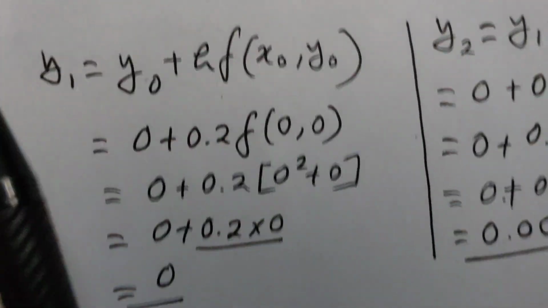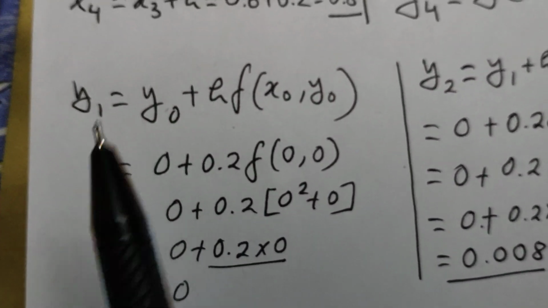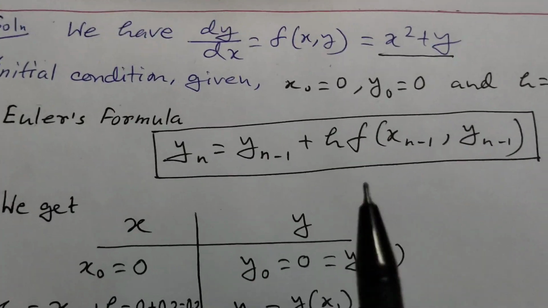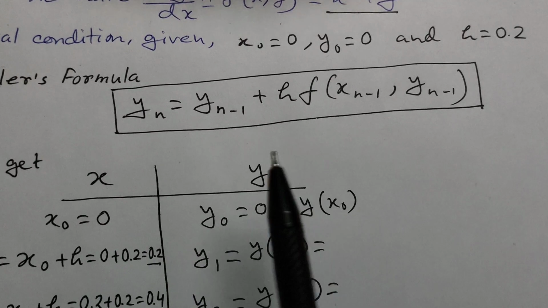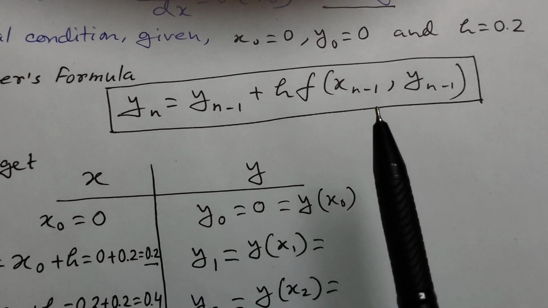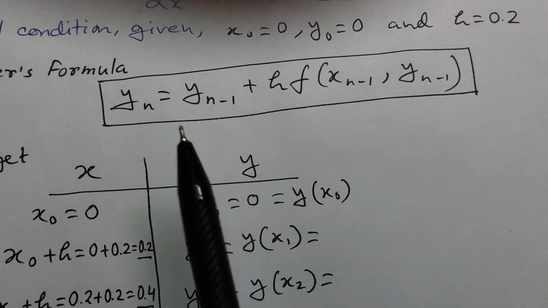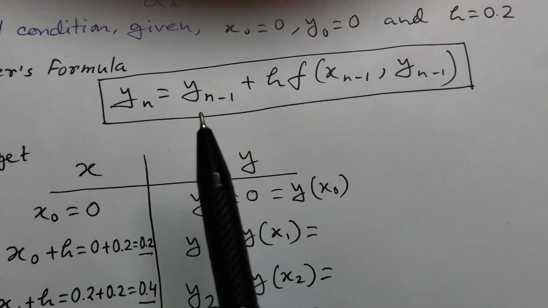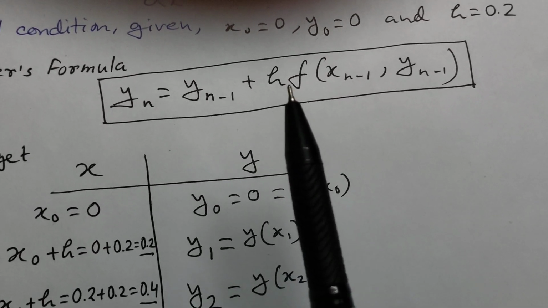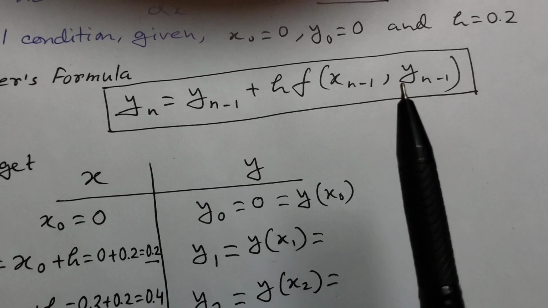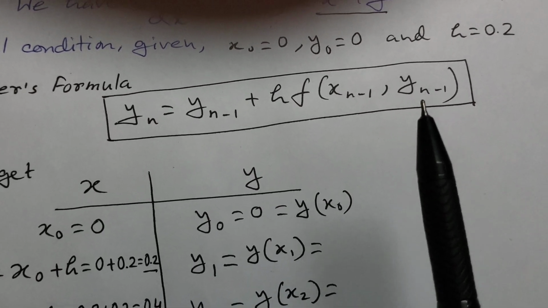Now first y1. For y1, according to the formula, as we know, yn equals yn minus 1 plus h f(xn minus 1, yn minus 1). Now put n equals 1 here. So y1 equals y0 plus h f(x1 minus 1, y1 minus 1), that is 0 and 0.